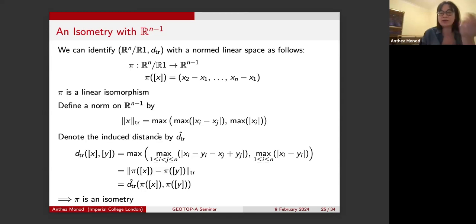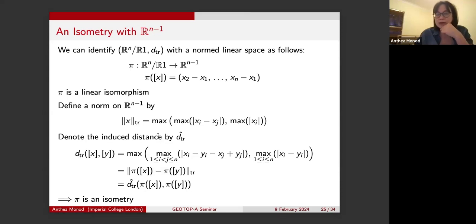So essentially what you have now is a normed linear space, which is moreover isometric, which is nice. But okay, you have this nice representation now, and the question is, does this help us at all? How does this help us in relating back to BHV space?